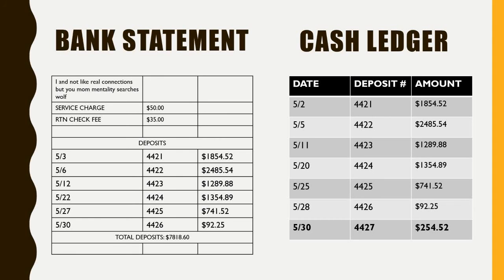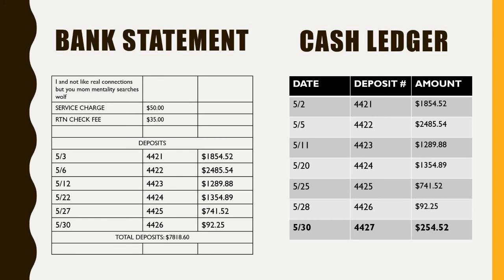So now you have to compare which one cleared and which one has not yet cleared. Now again, rule of thumb is if you tend to submit things very last minute at the end of the month, it usually won't clear until the next day, depending on what it is. If you do it during the day, then it should clear right away. But usually it does take 1 to 2 business days to clear a deposit.